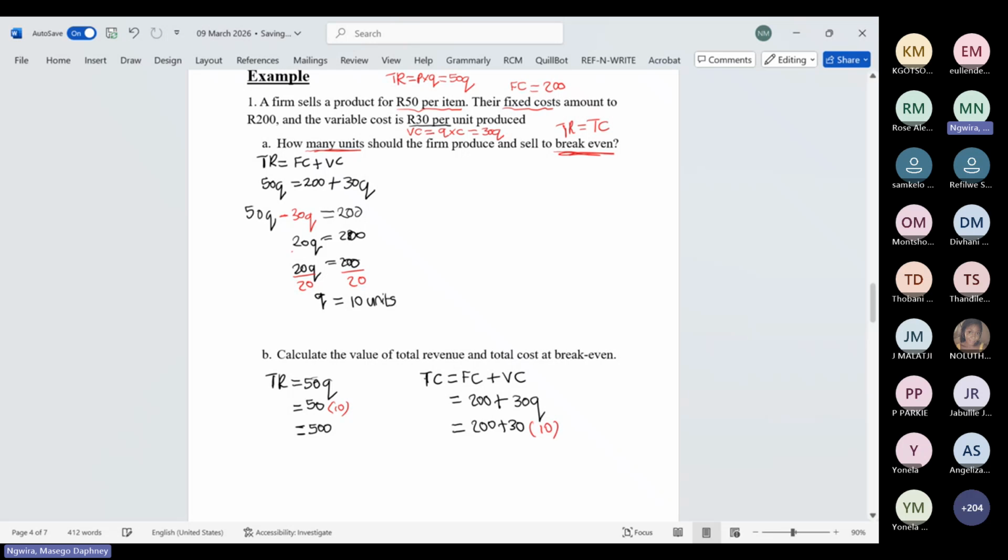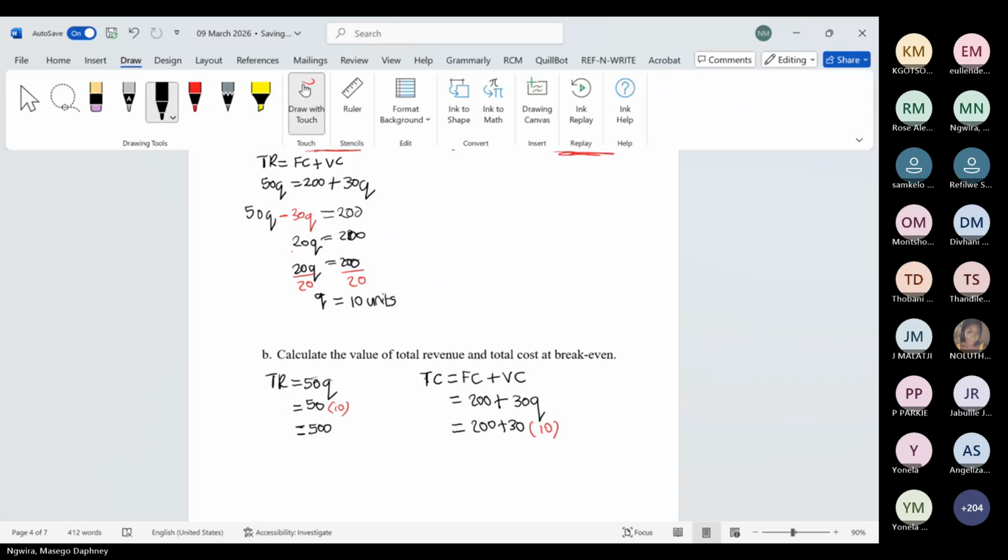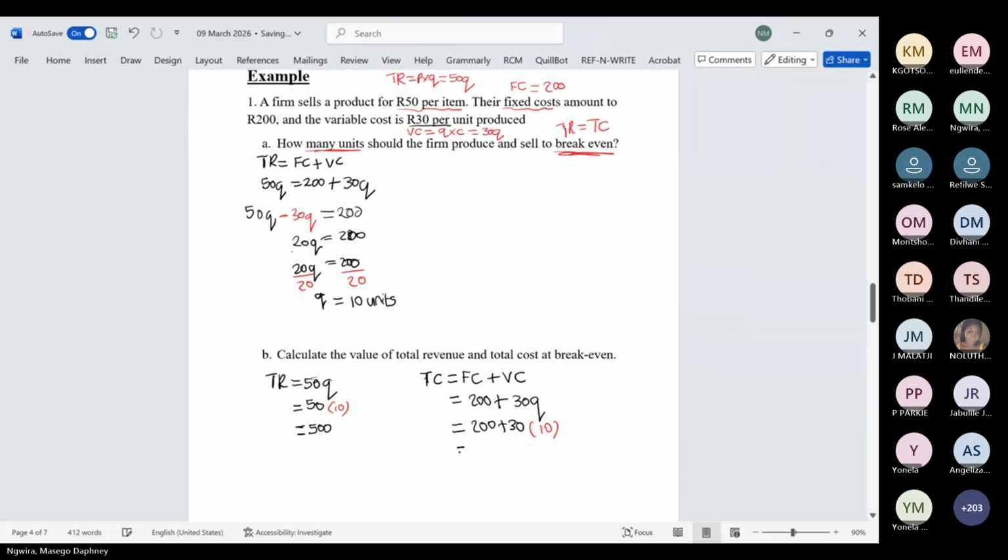Then use your calculator, please assist. 500. So this is the total cost and the total revenue at break-even point. We did this somewhere, but yeah.